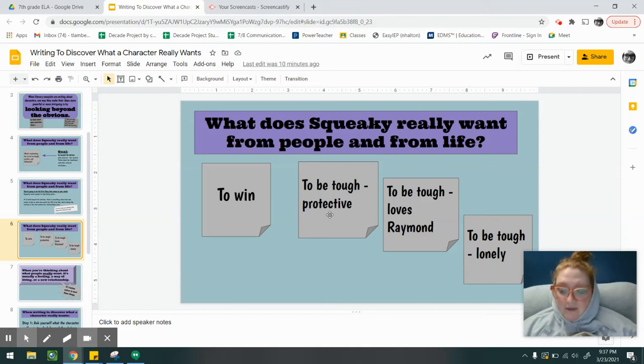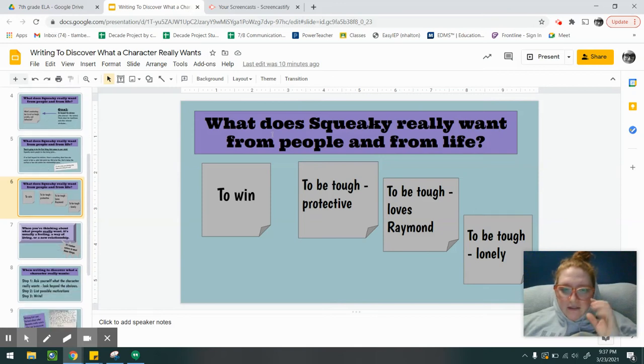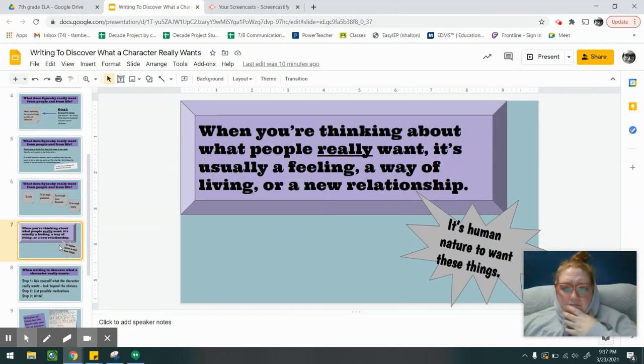So these were just some of my initial thoughts about what she really wants, but also what that might mean for her. Okay, so that's my first attempt at thinking about the answers to this question.